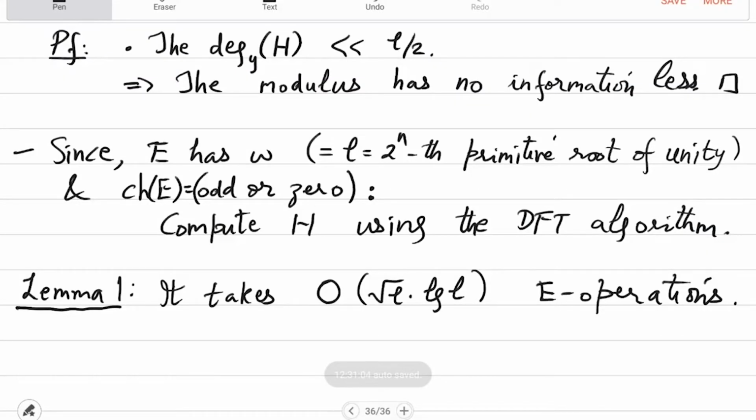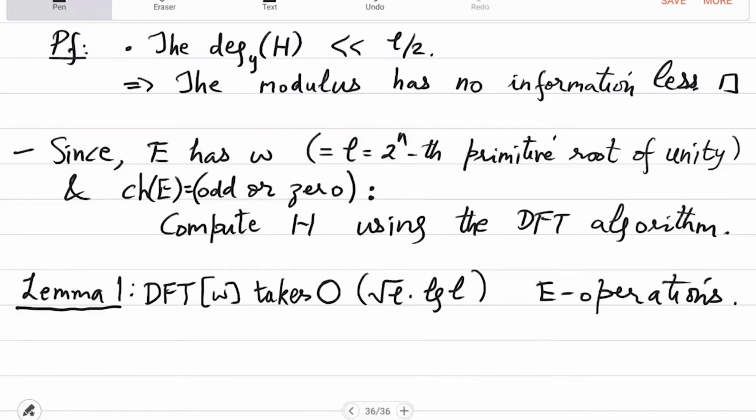So how many R operations? I think we can just multiply this by root L. Let me break it up more. Let me first talk about only DFT omega. Let's do it in two steps, not everything together. So DFT omega takes these many E operations.